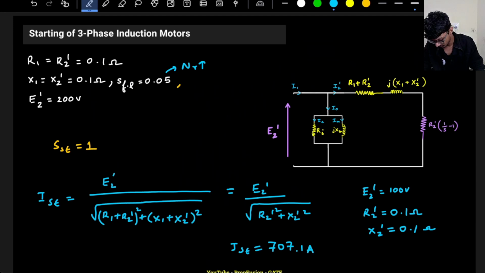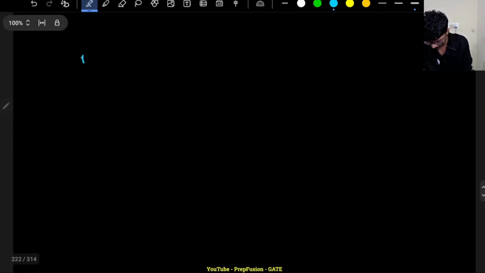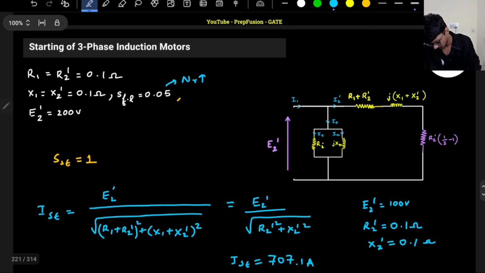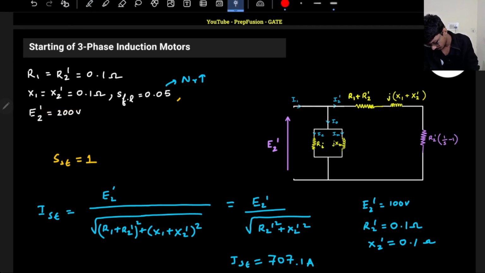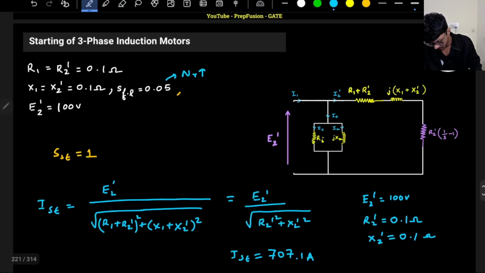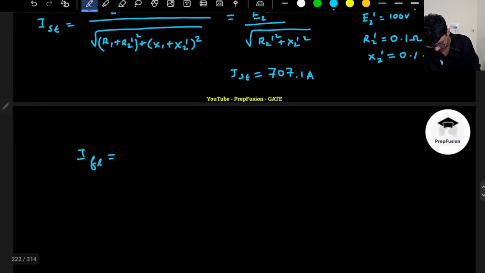So if I want to calculate the full load current, here I have taken both of them to be the same. E2 dash, let me take 100, otherwise it will be some kilo amps of current, that will be too high. So I full load will be equal to E2 dash.